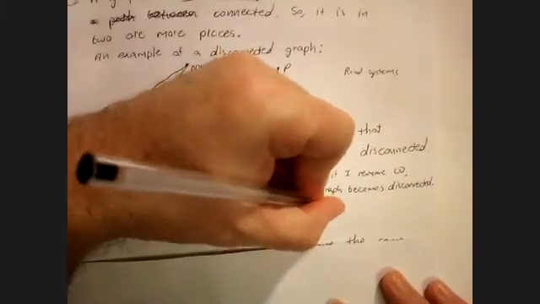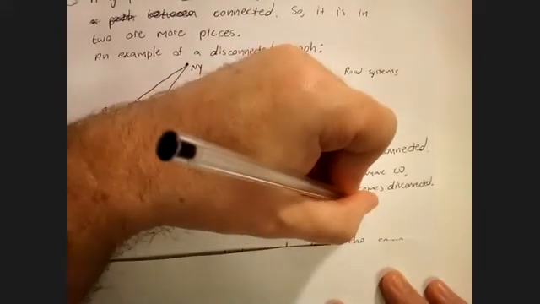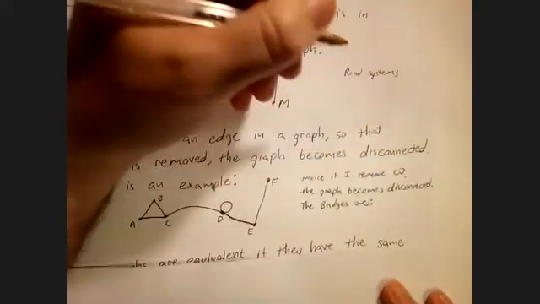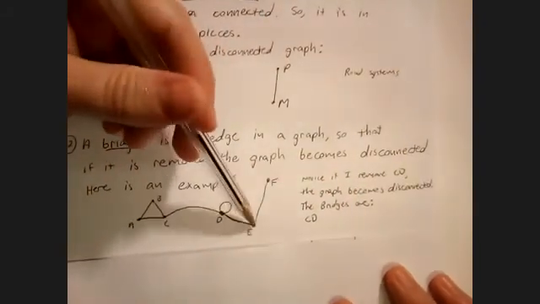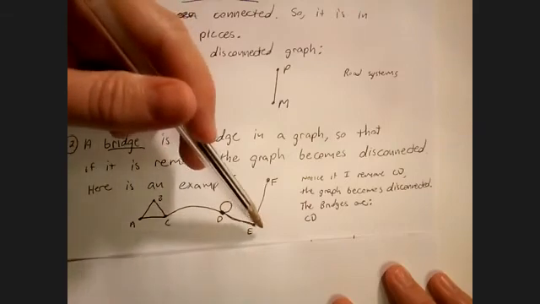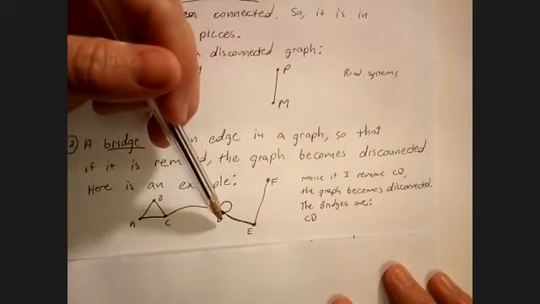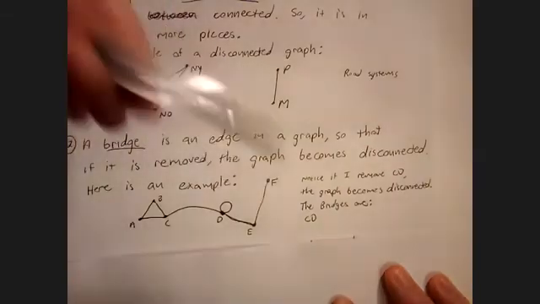So the complete set of bridges: CD, I mentioned that. DE is a bridge because it separates the rest of the graph from EF. So the bridges are CD, DE.